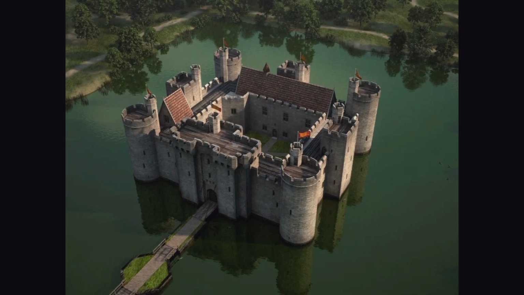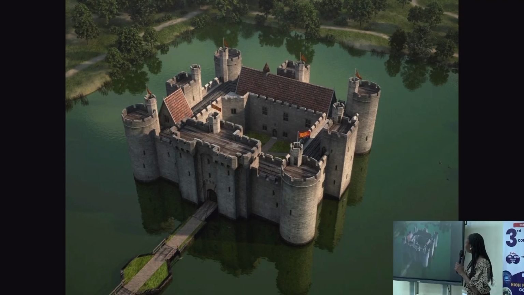Yes, to the castle. Do you see any other entrances to the castle? One. Land inside the water.